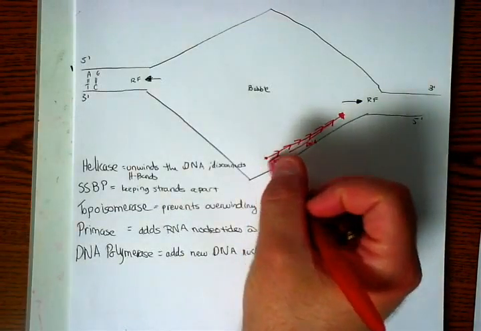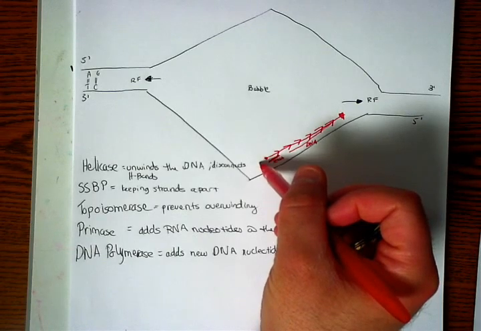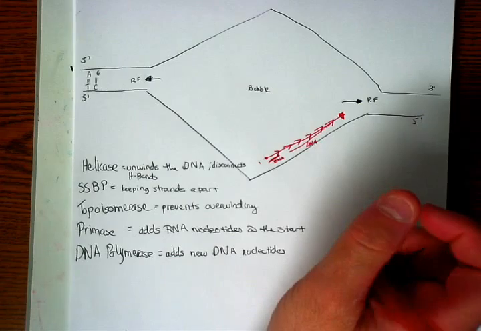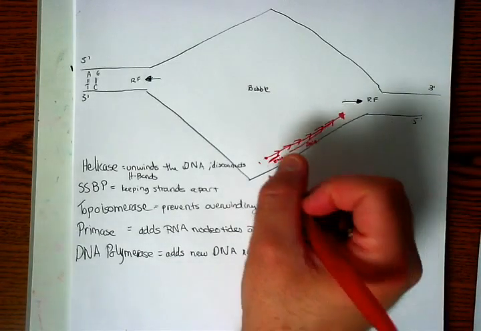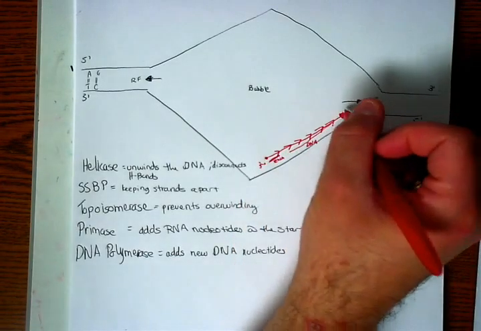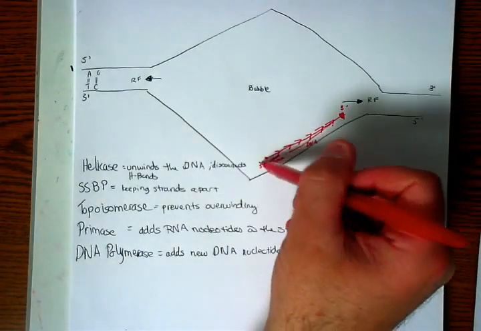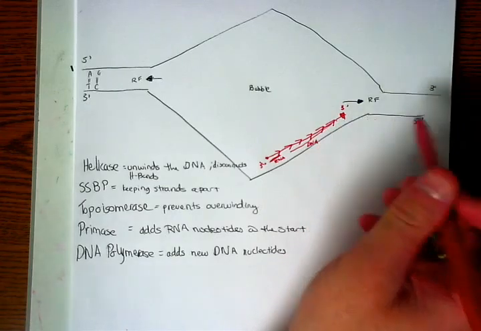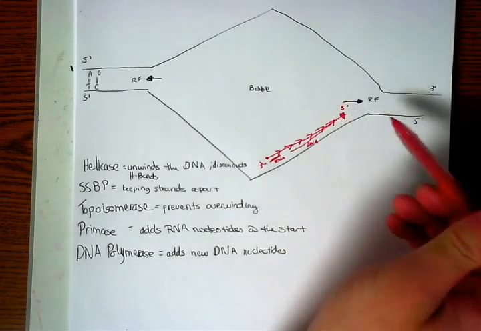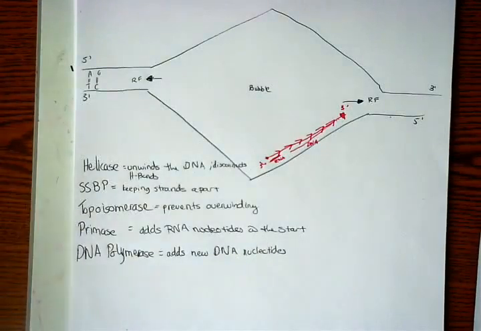What would this strand be right here? This end. It'd be a 5 prime, and this would be a 3 prime. You realize that that would allow this strand that I just drew in red, this new one, to run anti-parallel to its complementary strand that it's going to be attached to when this process ends.